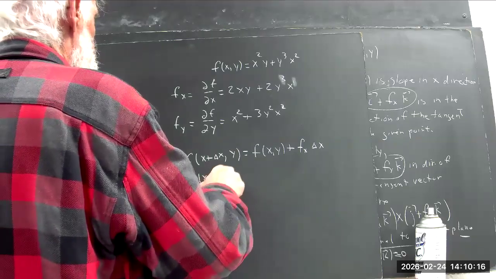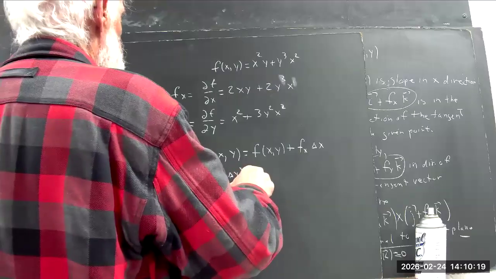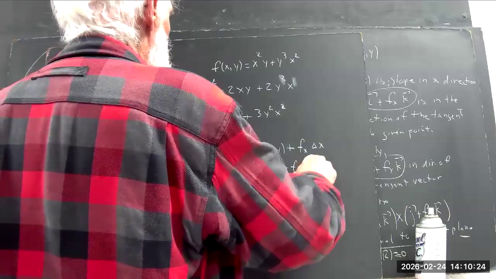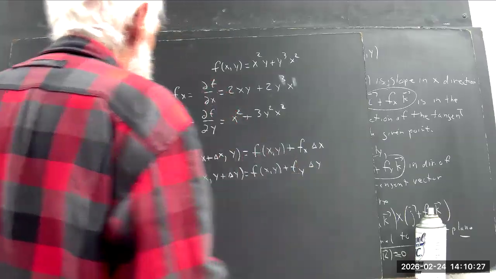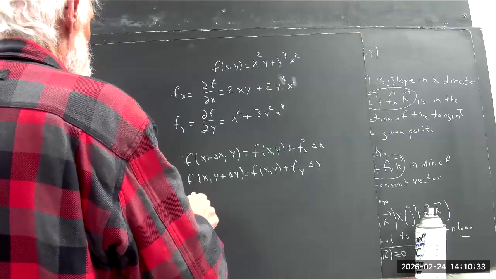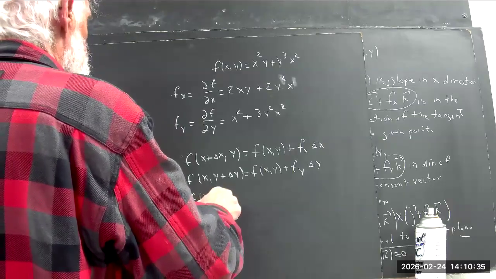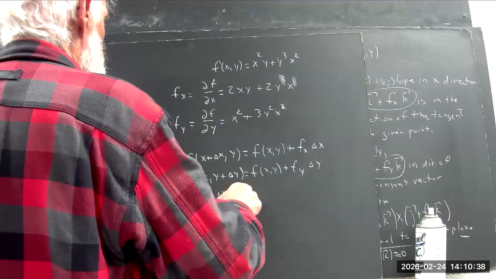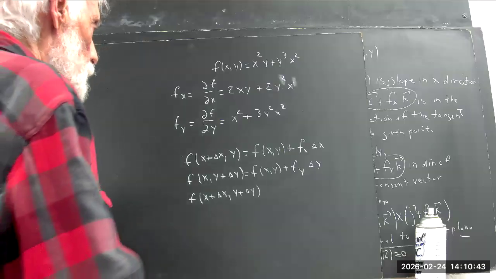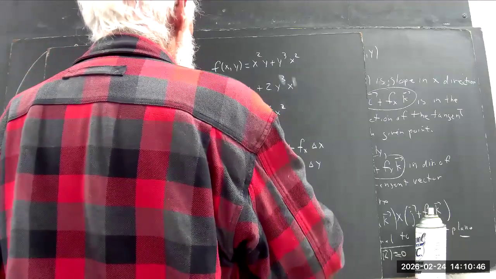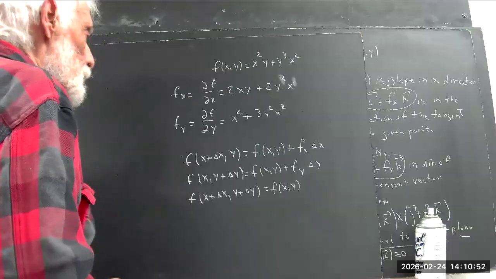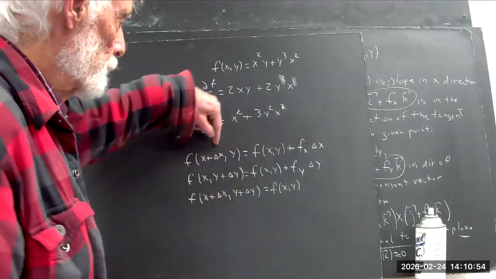And f of x, y plus delta y equals f of x, y plus fy delta y. F of x plus delta x, y plus delta y equals f of x, y plus fx delta x plus fy delta y.